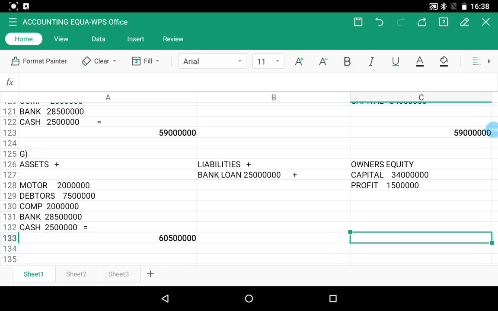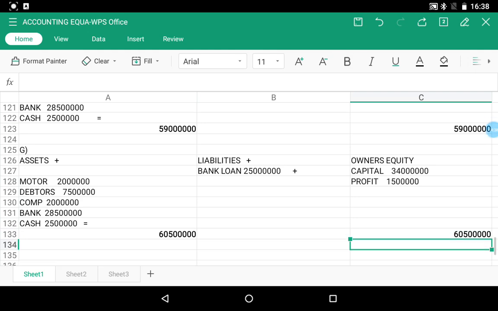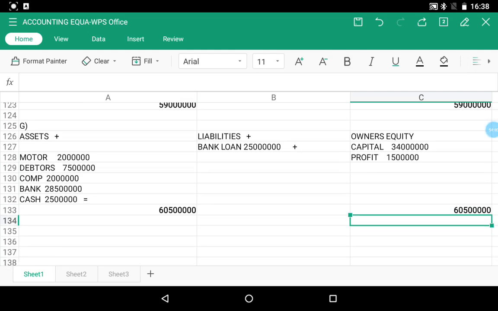Then also on this credit side, when you get 25 million plus 34 million plus 1.5 million, you still get 60 million 500. So that is our part G.